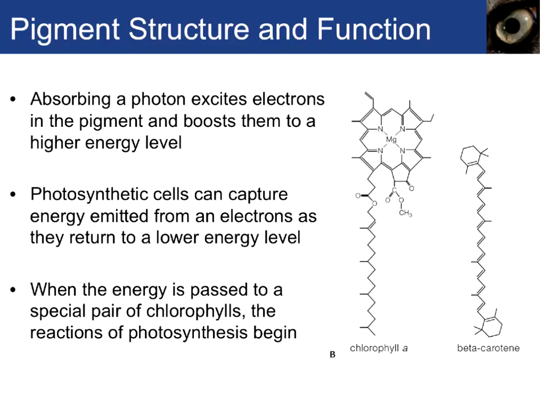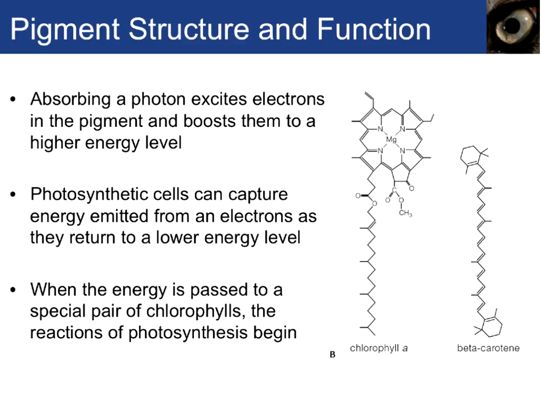Absorbing a photon excites the electrons in the pigment and boosts them to a higher energy level. Once an electron is excited, it'll return to its unexcited state quickly, and the energy is released as heat unless it's utilized. Photosynthetic cells can capture and use this energy as it's emitted from electrons when they return to a lower energy level.